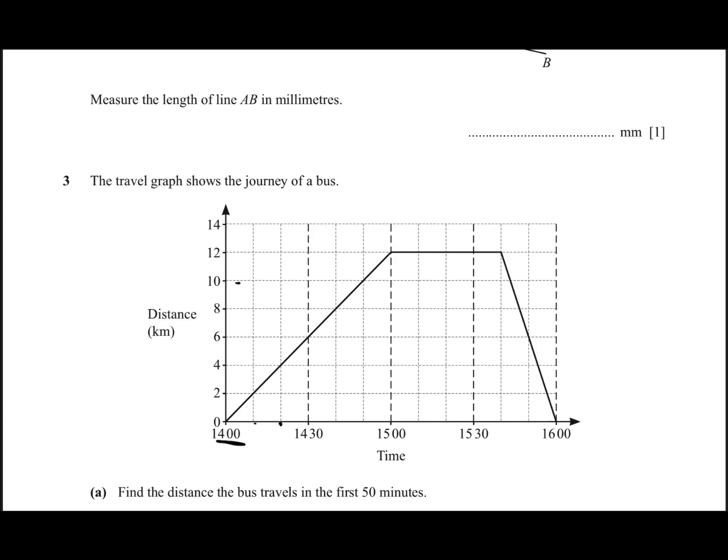So this is 14:30, this is 14:40, and this is 14:50. The distance covered down to 14:50, let me change my color, this is 14:50 right here. So the distance covered to 14:50 is actually 10 kilometers.